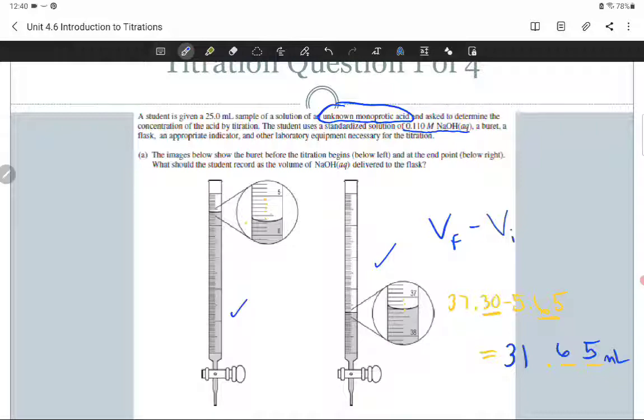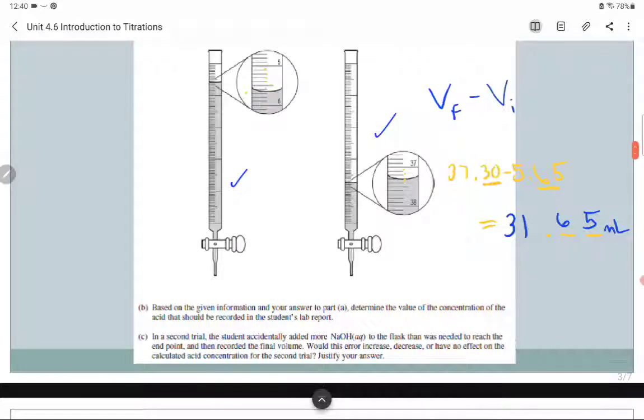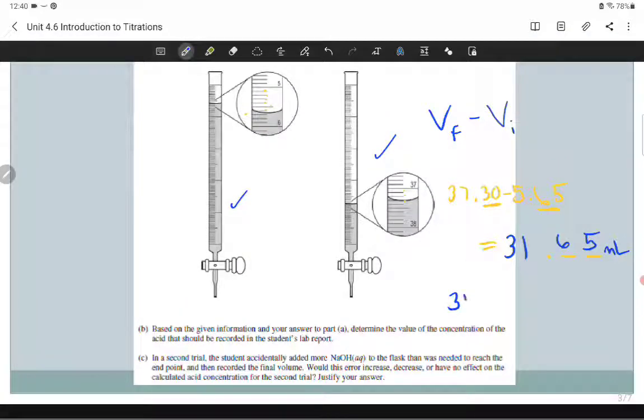Now again, I think there's probably a little leeway there because of your ability or inability to look and see exactly where those estimates are, where the bottom of the meniscus lies. Let me just rewrite that again. 31.65. Okay, so that was part A.